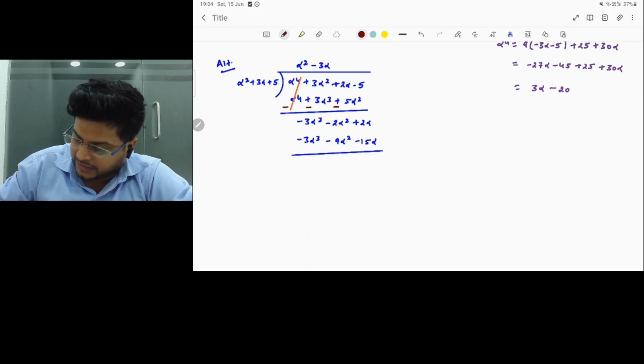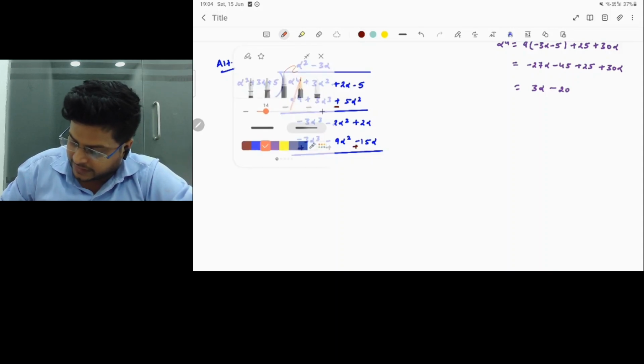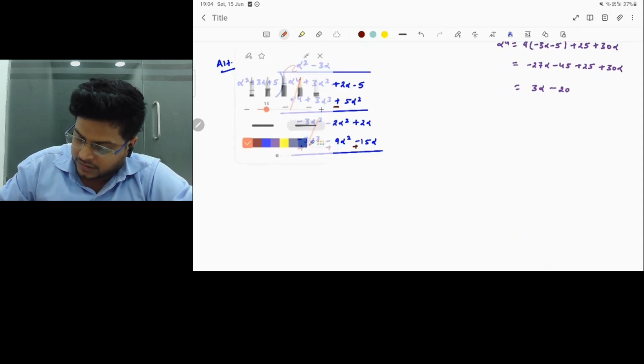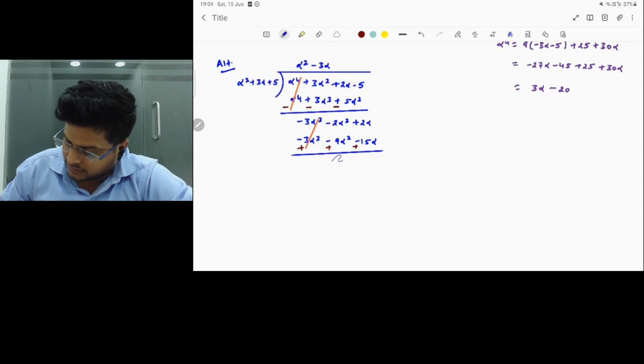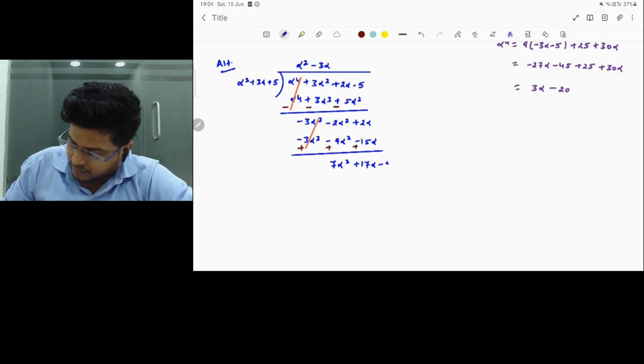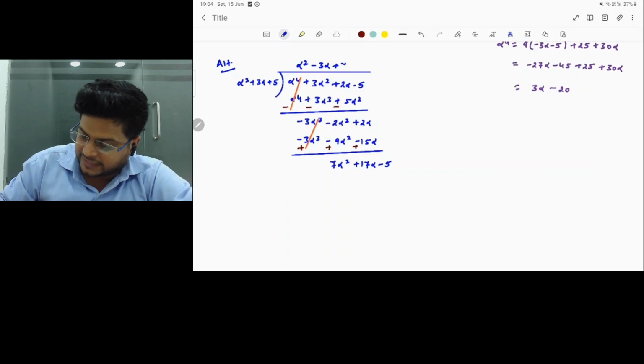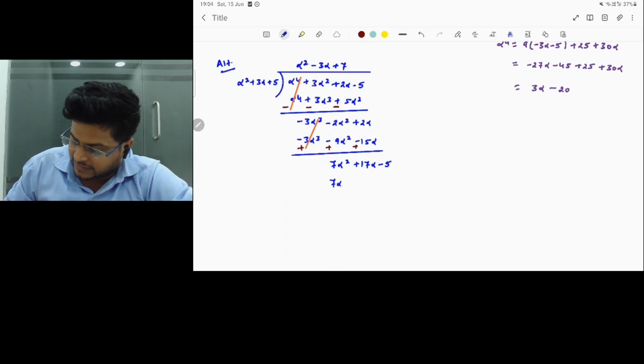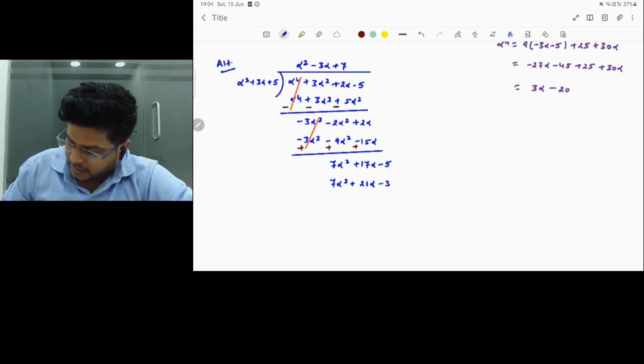Again what we will be getting here? So plus plus plus, this part we can cancel, and we got something like 7 alpha square, then 17 alpha minus 5. So we can go 7 times. This will be like 7 alpha square plus 21 alpha and plus 35.